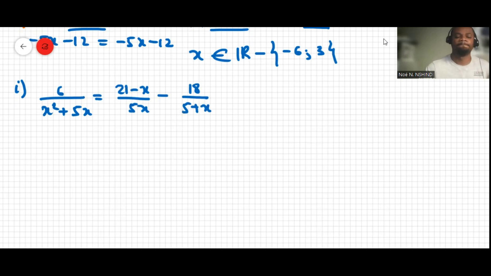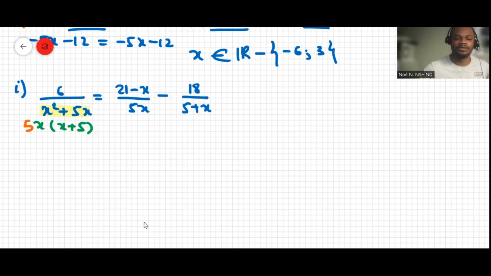Now, over here, we can also factorize. We can take x as a common factor. It's going to be like x plus 5. Now, you notice that we have x here and x plus 5. Now, to make the LCM, we need to times here by 5, okay? So we have 5x there, and we also have 5 plus x, also part of the LCM.